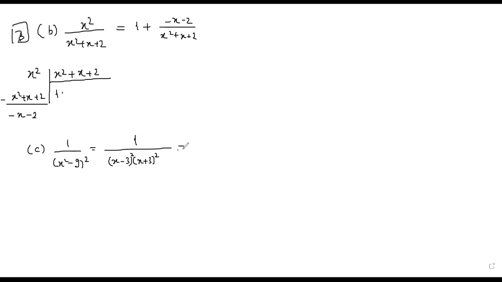Then it is equal to a over x minus 3 plus b over x minus 3 squared. You see the degree of the denominator is 2, so we start with the first term and go up to that degree. If we add, for example, 3 there, we would have plus c over x minus 3 cubed. Then we're done with this one.